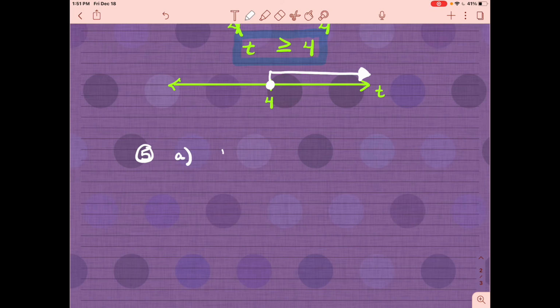Both of these problems are special. 9t minus 5 times, whoops, minus 5 times t minus 5, t minus 5 is less than or equal to 4 times t minus 3.